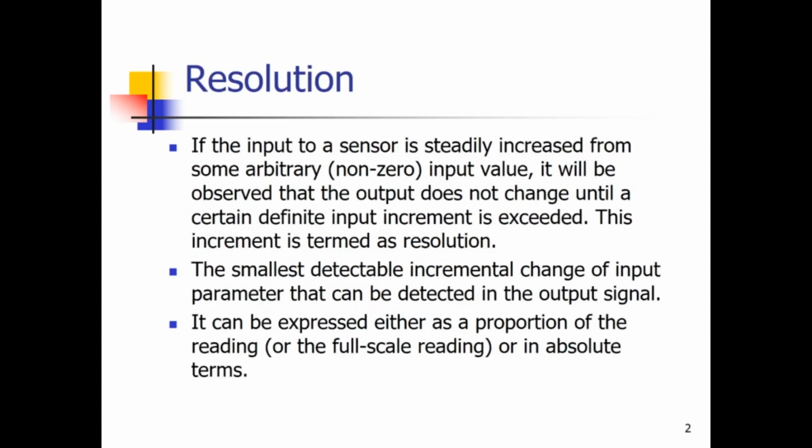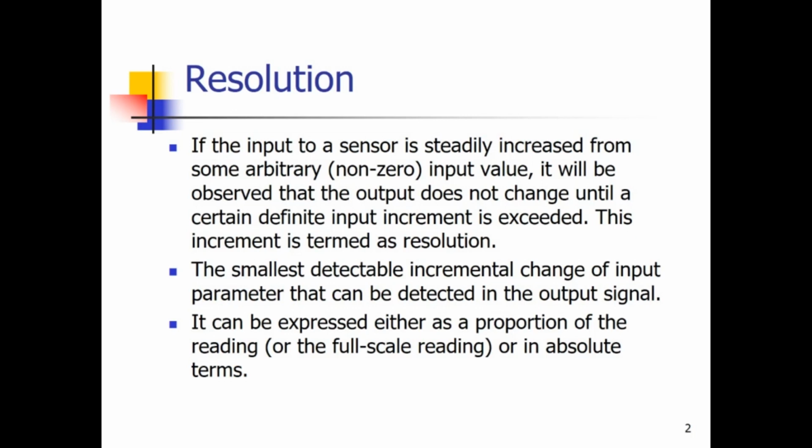The next term associated with the performance of a sensor is the resolution. It is defined as follows: if the input to a sensor is steadily increased from some arbitrary input value, it will be observed that the output does not change until a definite input increment is exceeded.